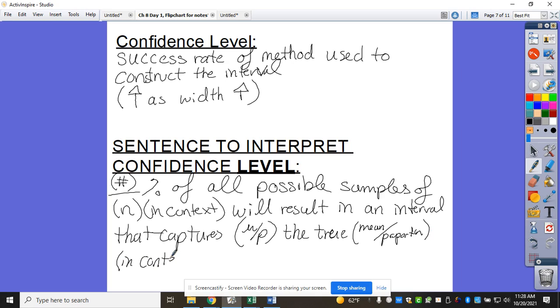I'm doing the thing where I usually write in different color. My parentheses stuff is different color stuff. So the stuff where I'm choosing to fill in is the parentheses stuff.